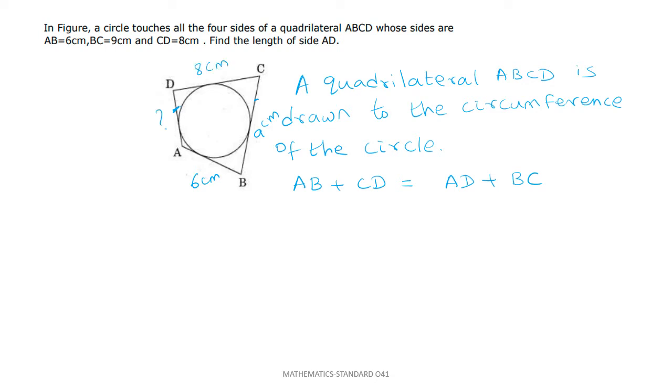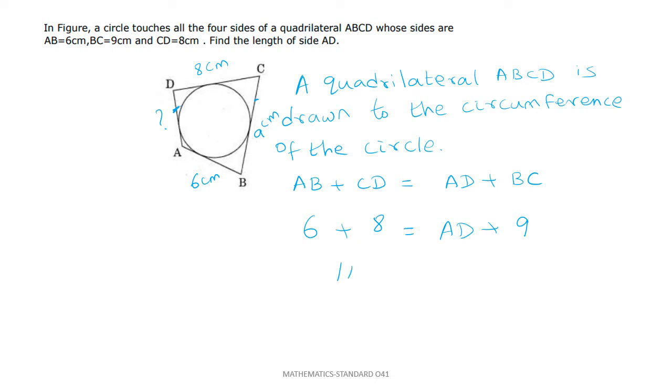So very easy, no children? By now you must have found the answer. So let's see what are the steps. Let's substitute the values. AB is 6 centimeter and CD is 8 centimeter. And AD we don't know. And BC is 9 centimeter.